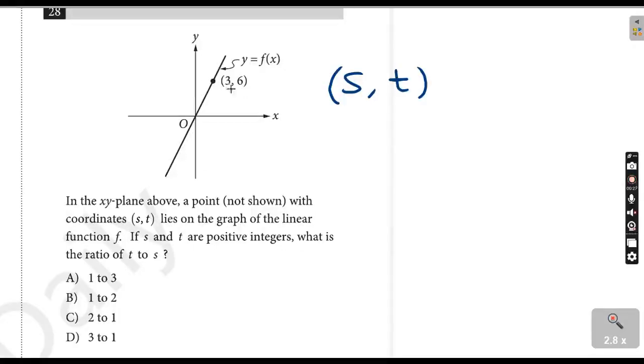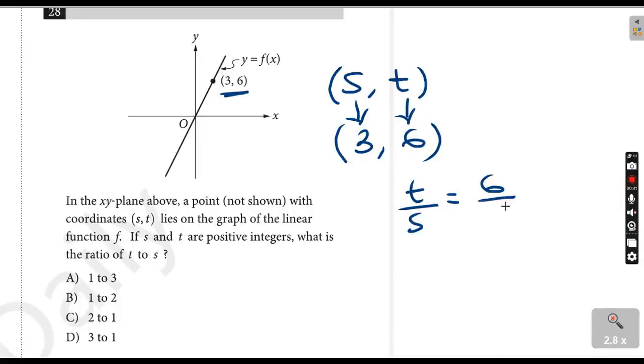So looking at the point here, we are given 3, 6. So this implies that the value of s is 3 and the value of t is 6. So the ratio of t to s will be 6 over 3. That is 2 over 1. So the answer is 2:1, and the answer is C.